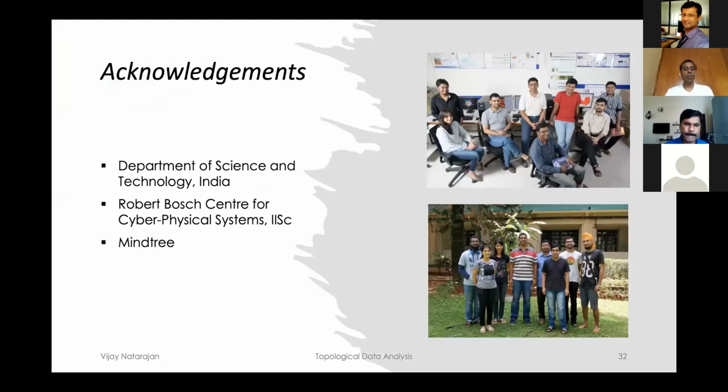Of course, I don't want to stop without acknowledging the massive amount of work done by the students in the lab. What you see in the bottom picture here is our current group, a very talented and motivated set of PhD students, project staff, postdocs, and some interns who are now gone.